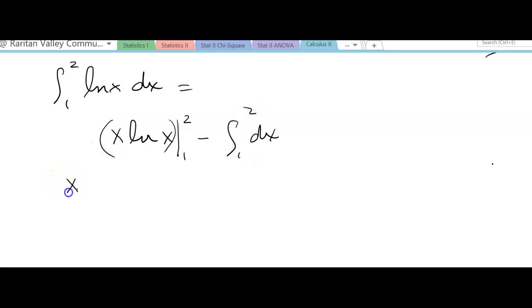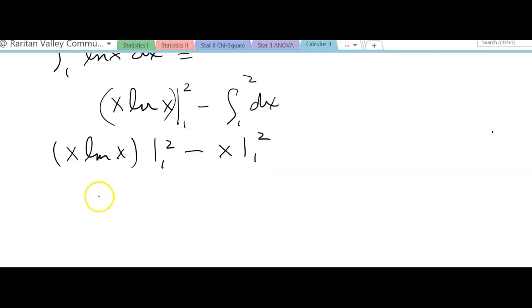I'll show you why. x ln x from 1 to 2, minus x from 1 to 2. You can actually combine it and just do it all at once. Okay, I just wanted to show you that. You can do them separately or just wait and bring them back together at the end and do the limits all at once.